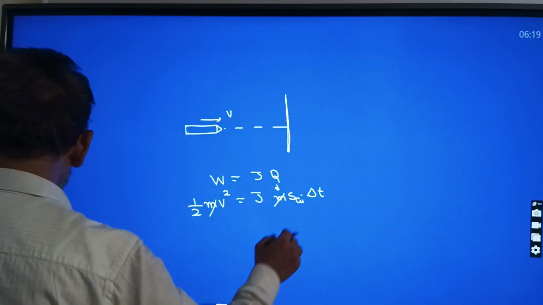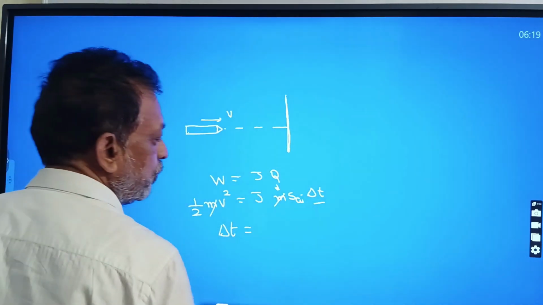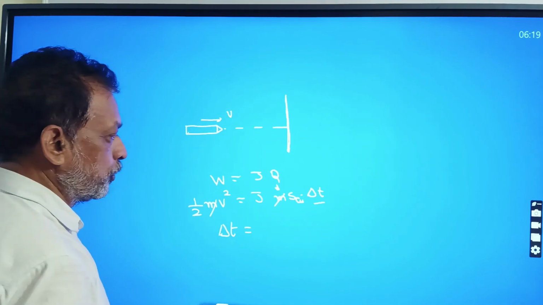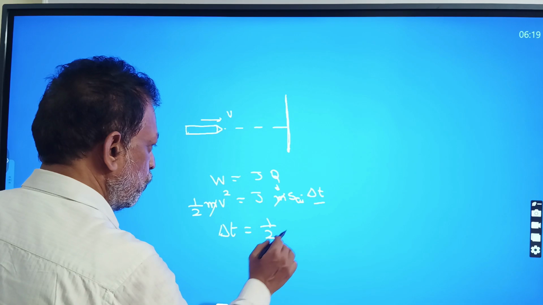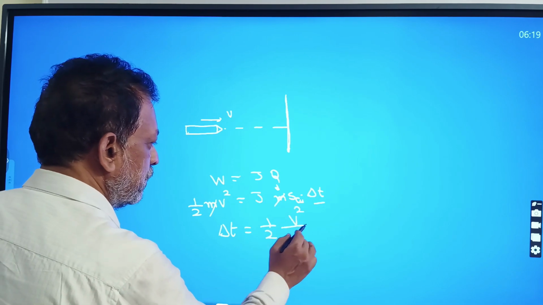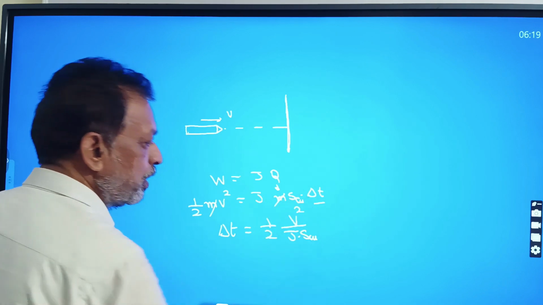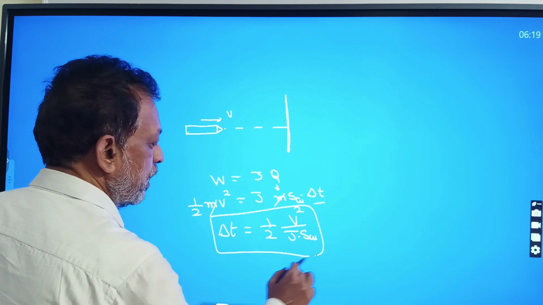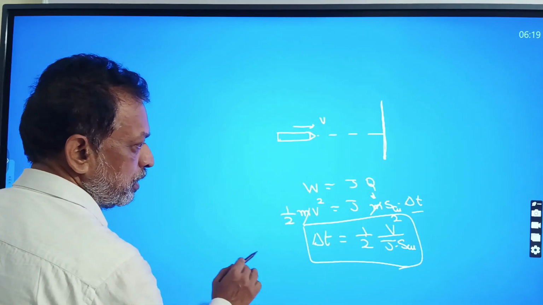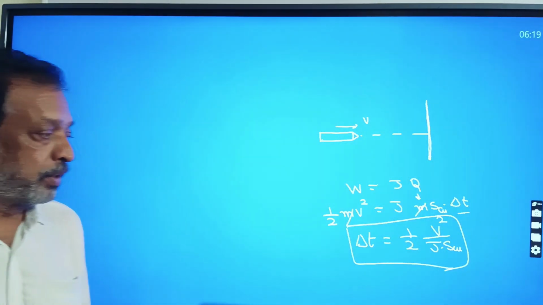So if you want to find the rising temperature, you can write the formula your own way. These are not formulas, they are methods. Now I can take 1 by 2 v square by J into the specific heat of the bullet, copper, and that gives the rising temperature.